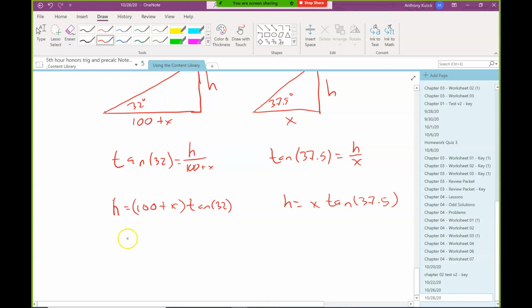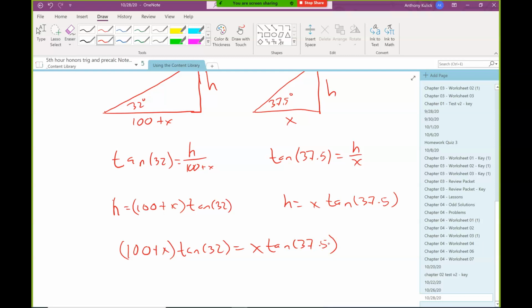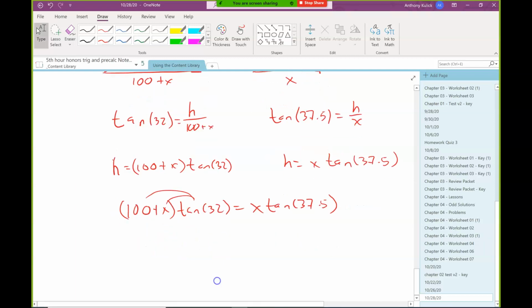So since both of these are equal to h, I can go ahead and take the right-hand sides and set them equal to each other. Everybody's okay there? Now to solve for x, I have to get the x's on one side, so let's distribute this tan 32 through.